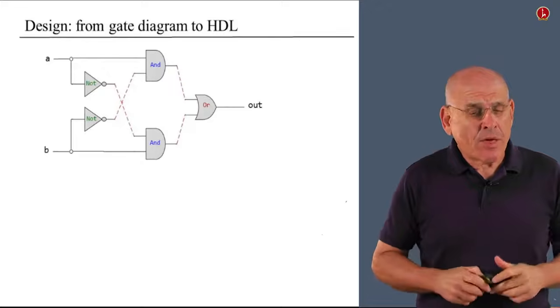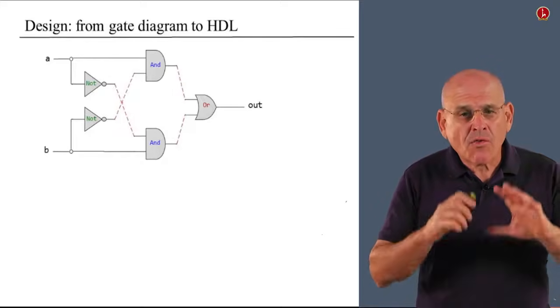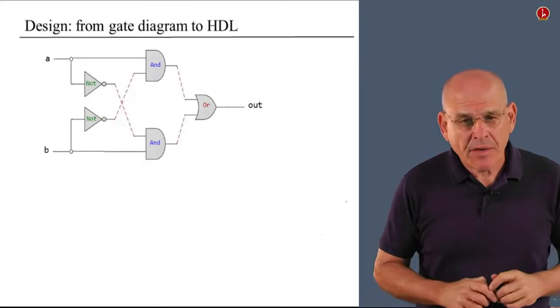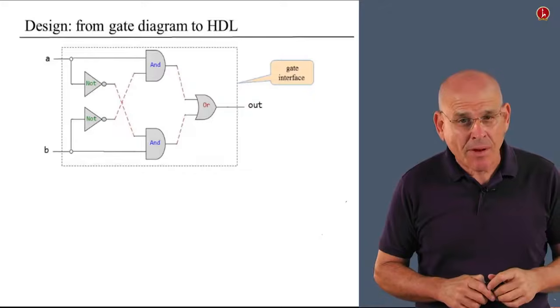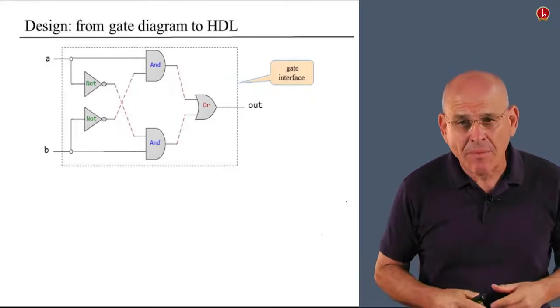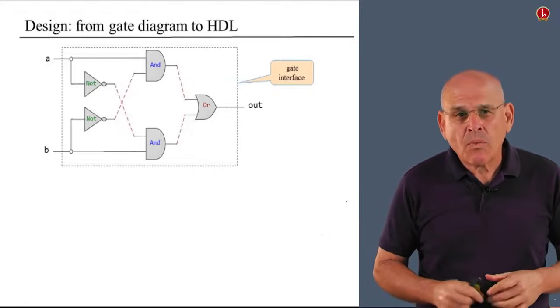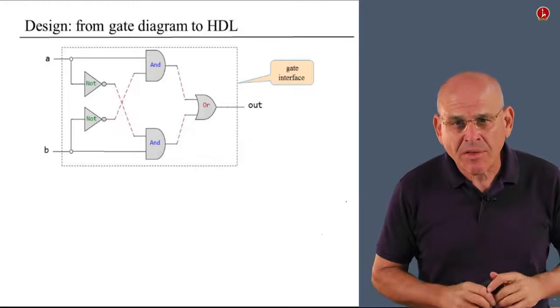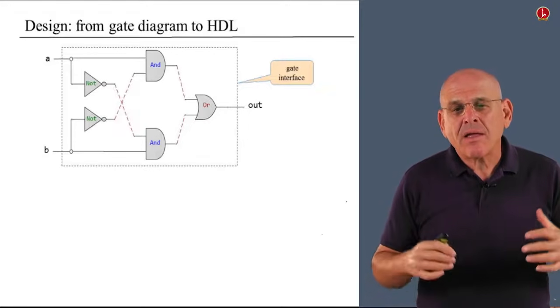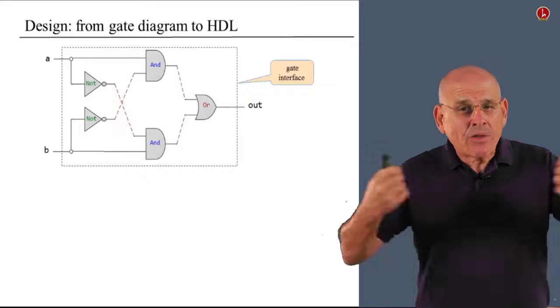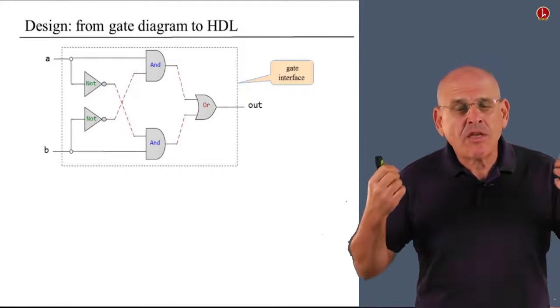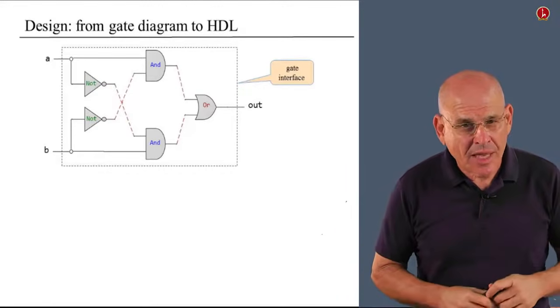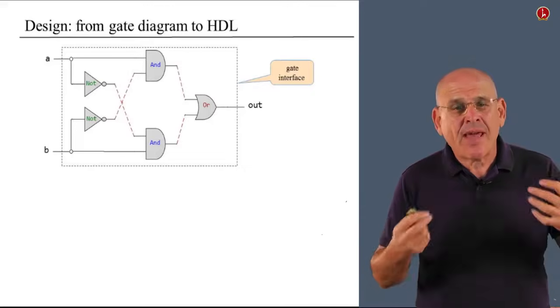So the first thing that we can do is draw the boundary of the chip diagram, or the gate diagram. So we use this dashed outline for this purpose, and what remains outside the boundary is the user's view of this gate. In other words, the gate interface.